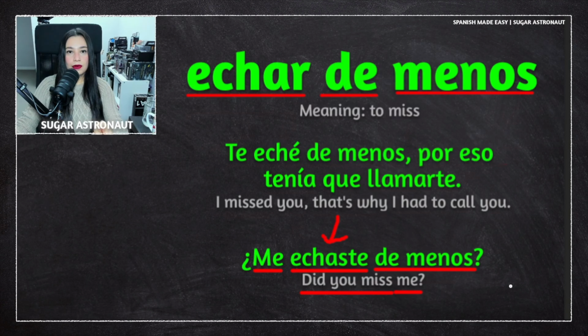So that's how you know what you're talking about. Because in Spanish, you pretty much look at the verb conjugation and then you know, oh, okay, so you're referring to I, you, he, she, and so on, we, they. Obviously, personal pronouns, sometimes you need them to be specific, to clarify something, but you don't need them all the time. And this is a clear case, a very good example of that. Me echaste de menos? Did you miss me?